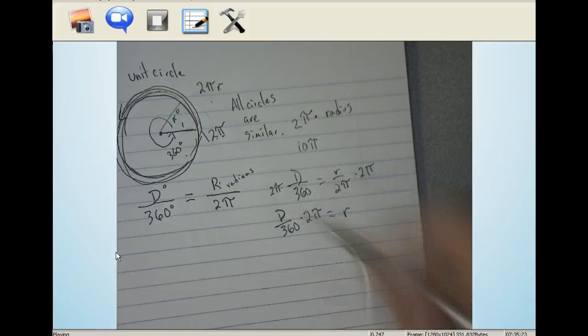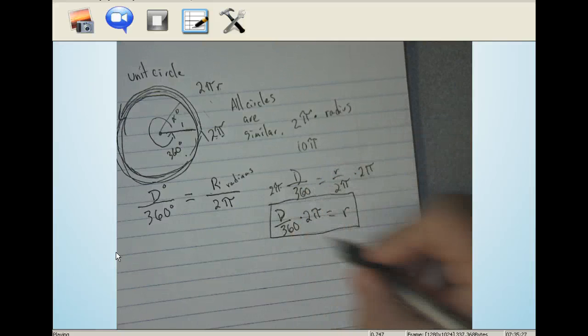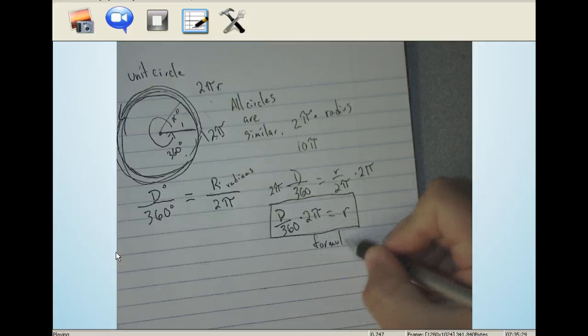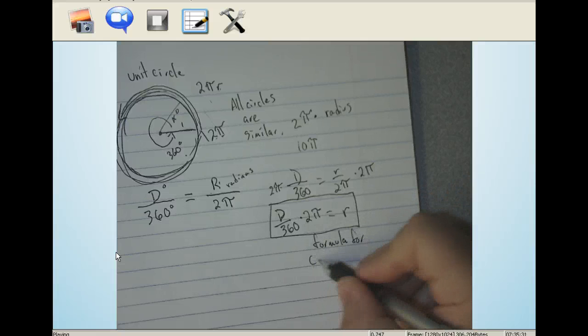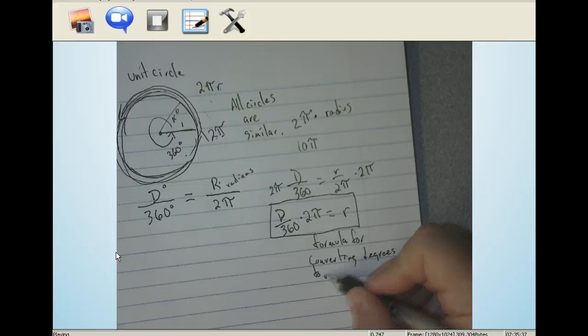I just enter my degrees. So this right here is very important. This is my formula for converting degrees to radians.